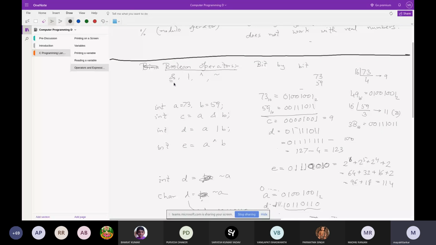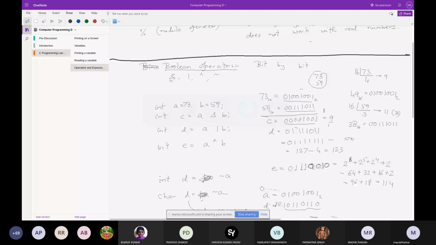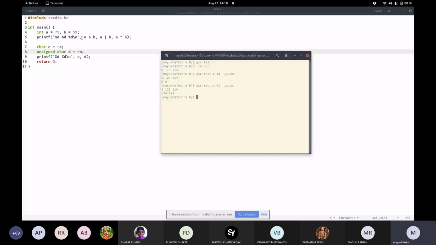Suppose you are doing the AND of 73 and 59, you will do their bitwise expansion, and then the bitwise AND. You are going to get this bit pattern, which means 9. As you can see, if you do A and B, you are going to get 9.